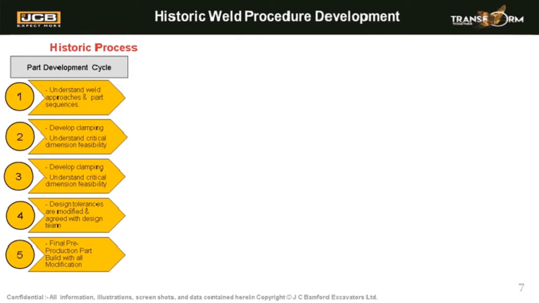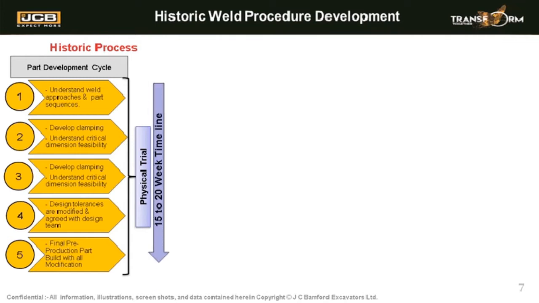And in the physical iterations, we're looking to understand the weld approaches, specifying weld sequences, minimizing distortion, quantifying and agreeing realistic design tolerances with the design teams, and approving pre-production builds. This is all done physically, and in terms of a typical lead time, that could be 15 to 20 weeks.